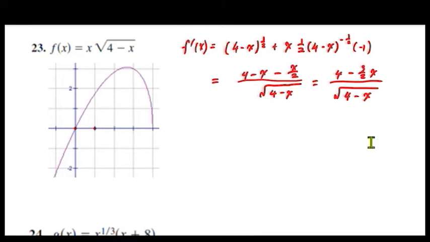Okay, now critical points. We want to look at the denominator first, right? Undefined at x equal to 4. But look at the domain. This is the endpoint. This thing ends right here and it doesn't exist, because it gets vertical, it's infinity.